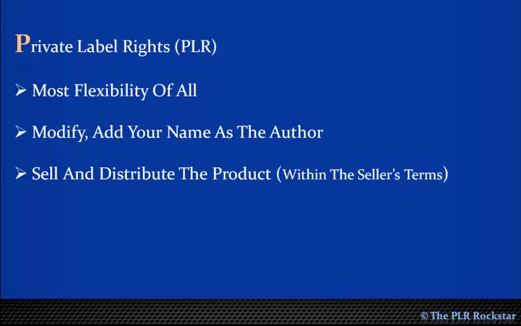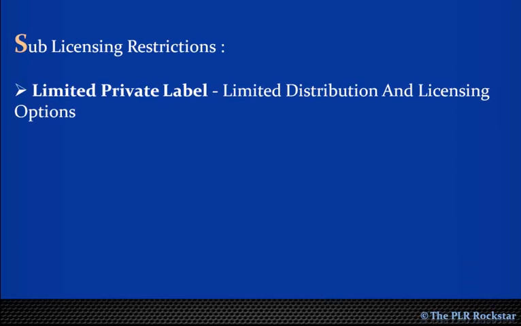When it comes to private label, there are a couple of different sub-licensing restrictions often in place, including limited private label, high-quality private label based on limited distribution and licensing options. Usually, these licenses offer the buyer the flexibility of modifying the content, adding their name to the content, and selling the content as a product, but does not allow the user to sell private label to others.